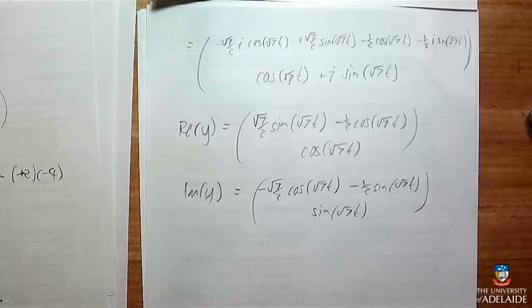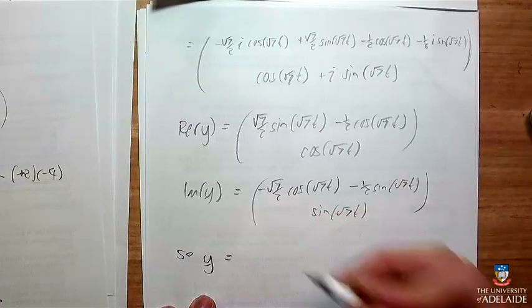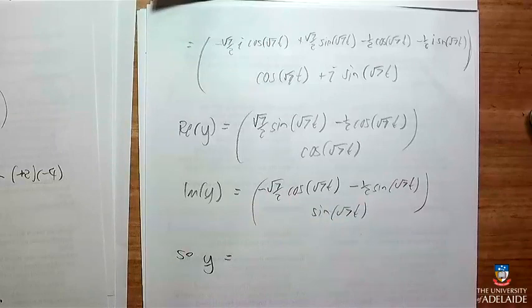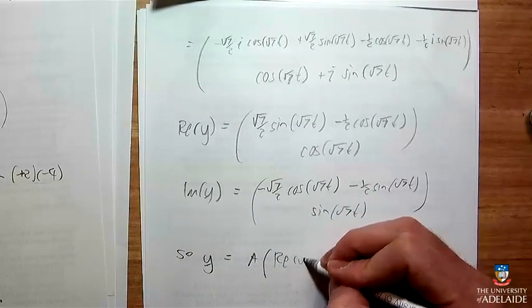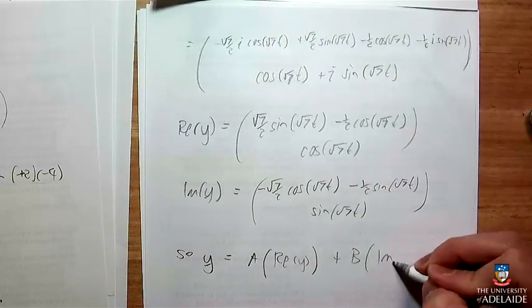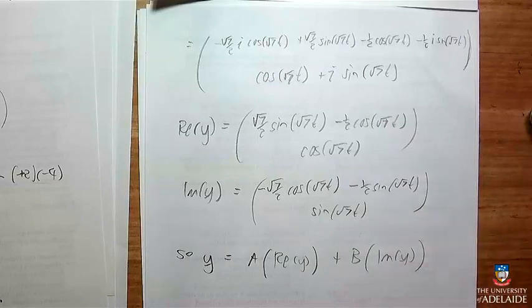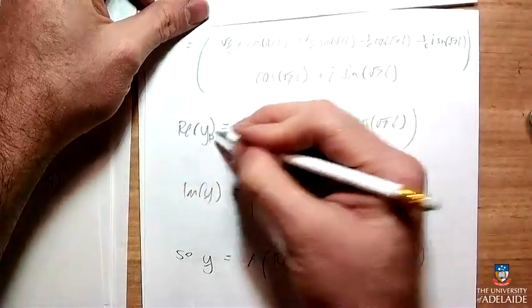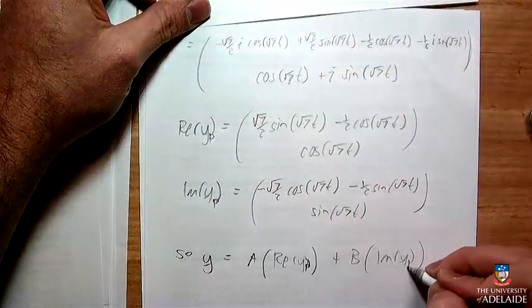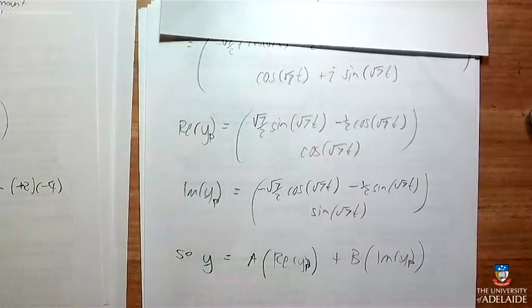And so my final solution is, well, A of this plus B of this. So I've been a bit confusing there because this y is a particular y, so I should probably stick some p's on there to distinguish it from the final solution. It's technically a particular solution to the homogeneous one. Yay! There you go.